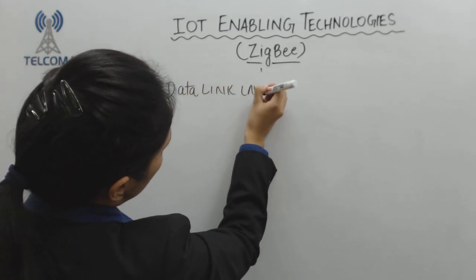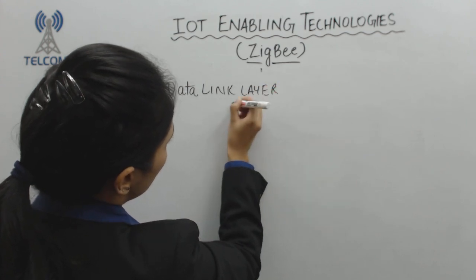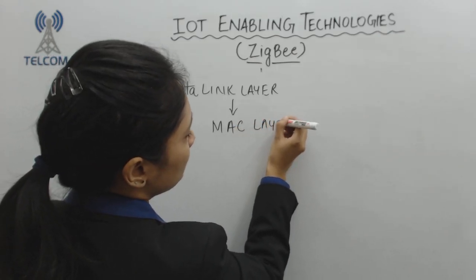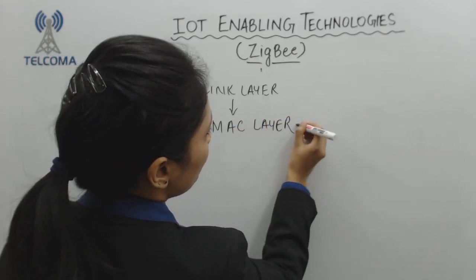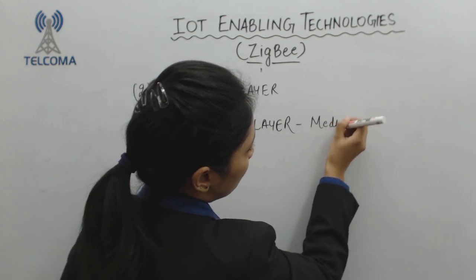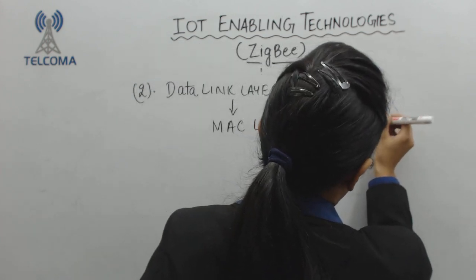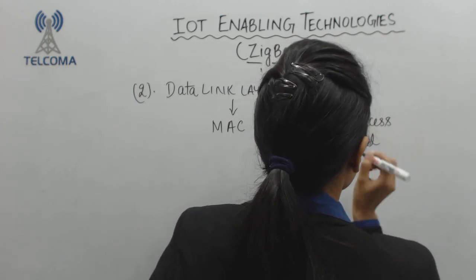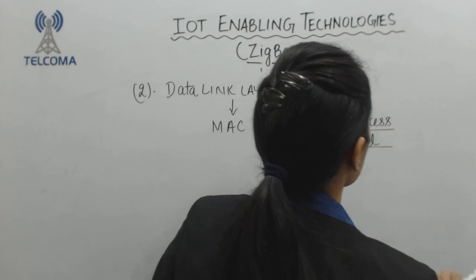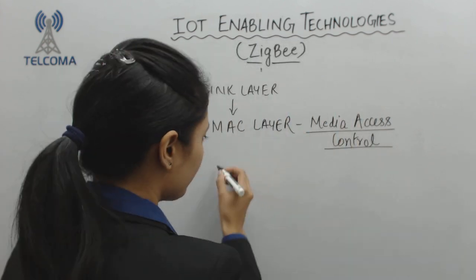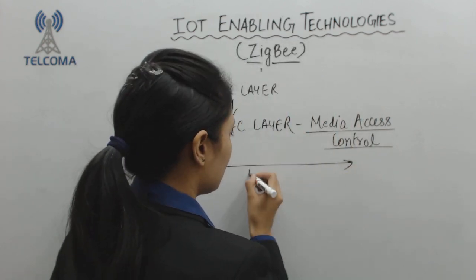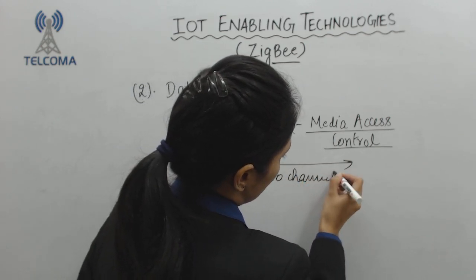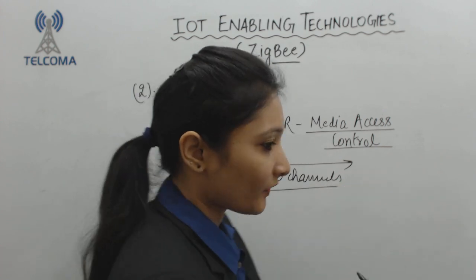So we are using here the sublayer of the data link layer, which is your MAC layer, which is your medium access control layer. Now we're saying medium access control layer. So by medium, we know that we have the radio channel, so we can say the airwaves.